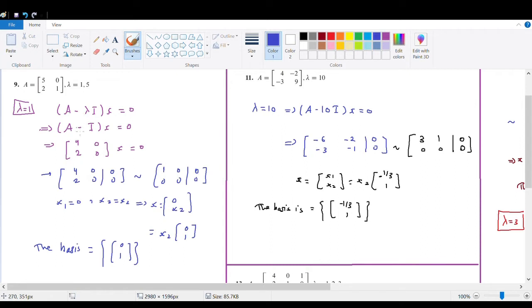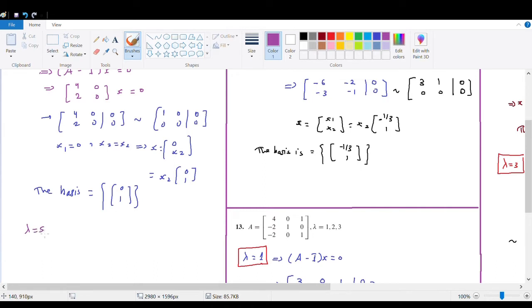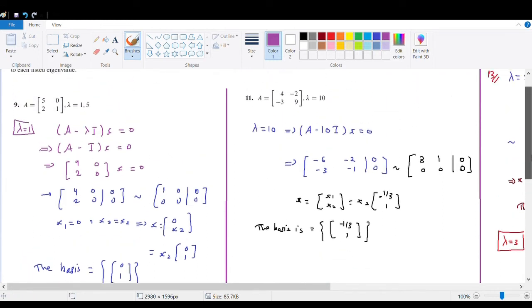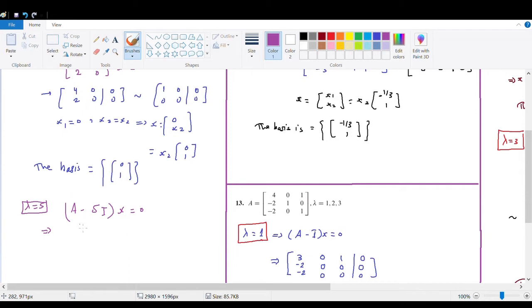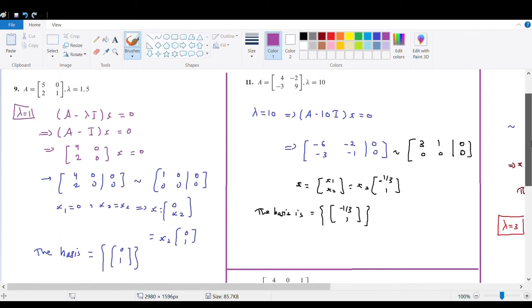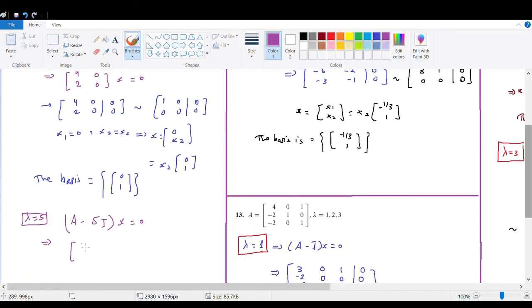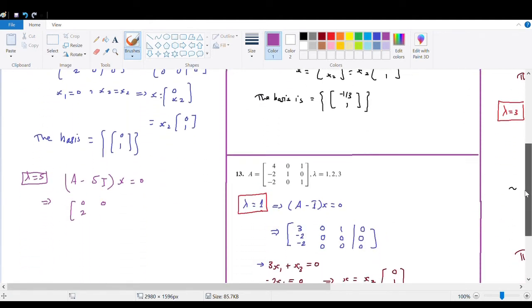We do the same thing when lambda is equal to 5. We need to find A minus 5I multiplied by x is equal to 0. Our A is [5 2; 0 1]. If we subtract 5 from the diagonal, 5 minus 5 will be 0, these two remain the same, and then we have 1 minus 5, which is minus 4.